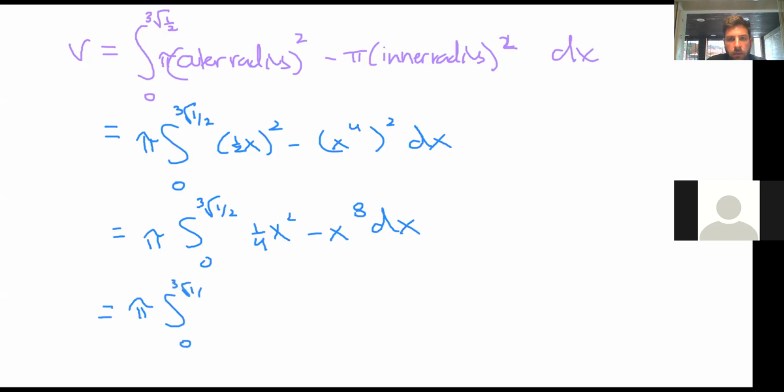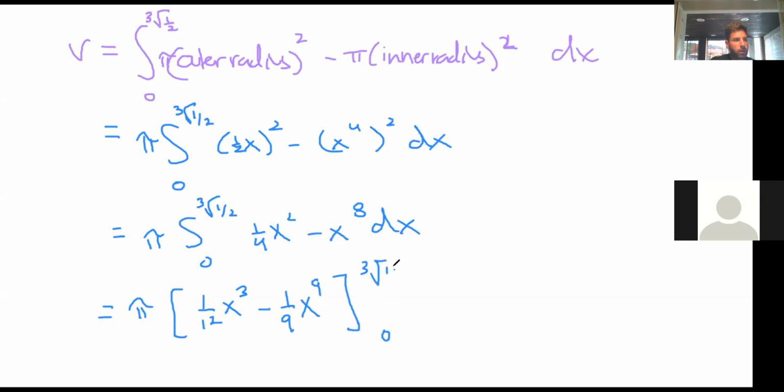I'm writing it incorrectly. So when I integrate this, this becomes 1/12 x cubed minus 1/9 x to the power 9. And I'm integrating from 0 to the cubed root of 1/2.